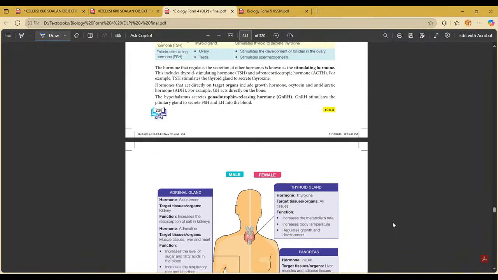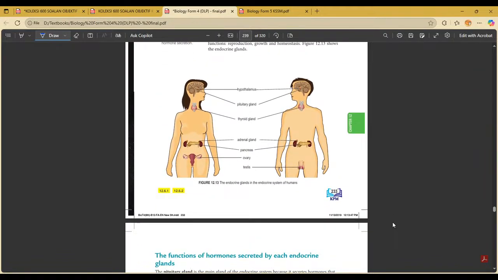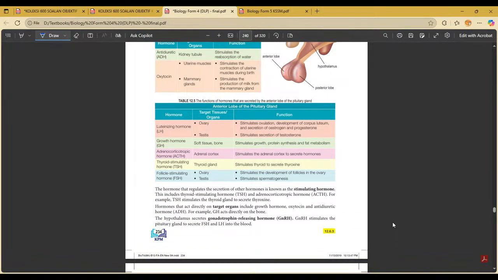Here it is. Okay, what chapter is this? Endocrine system. That makes sense.